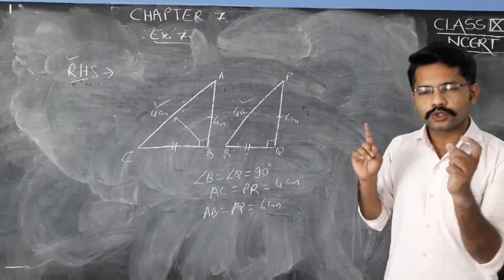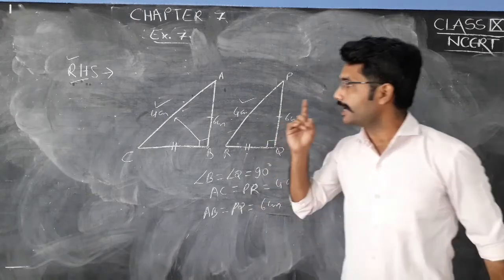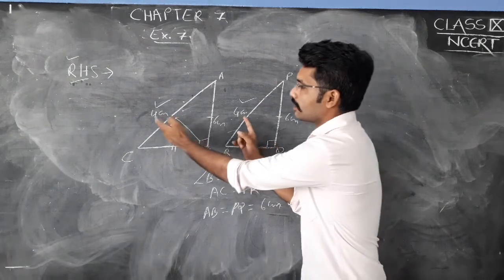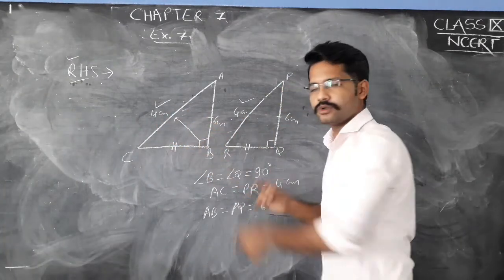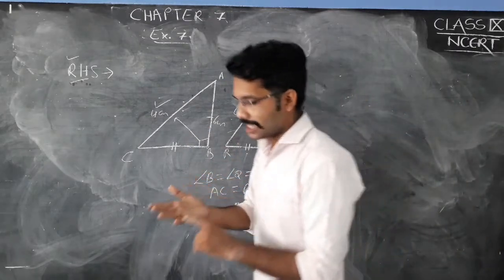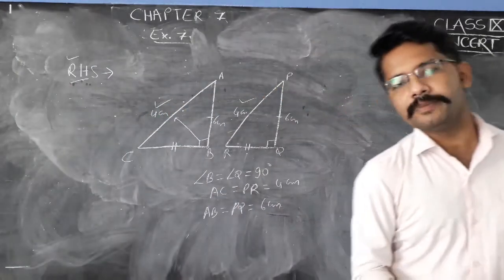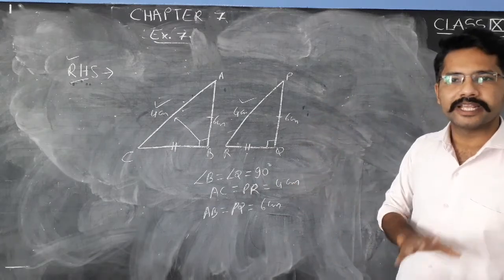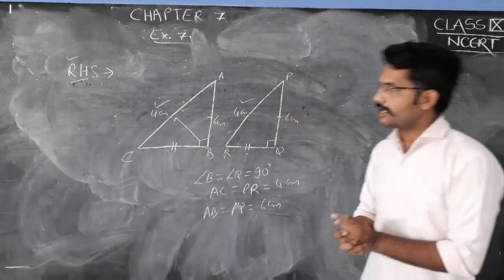In angle side angle, two angles and the side included between them should be equal. In RHS, at least one angle should be 90 degrees, and the hypotenuse and any one side out of the other two should be equal. And last one, side: all three sides of the first triangle should be equal to the corresponding three sides of the other triangle. In this case, we will use the side property.